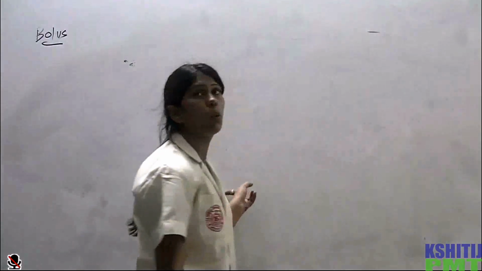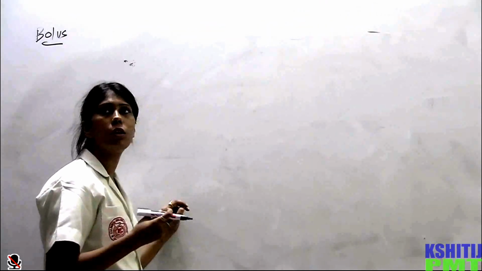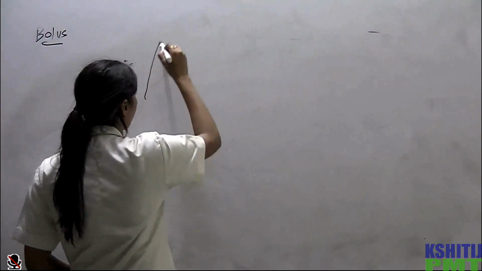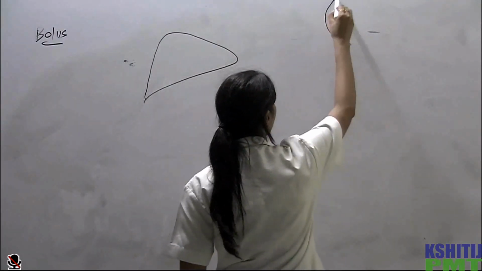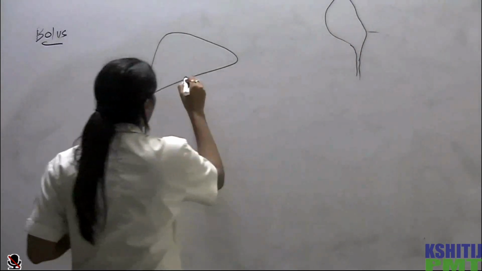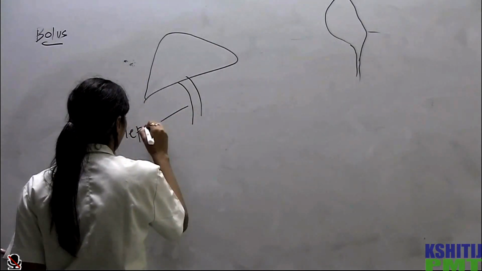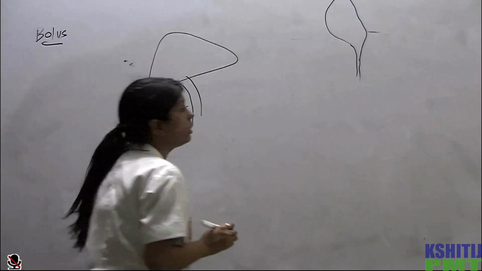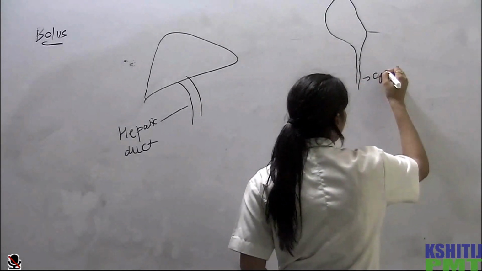Now, after this portal system, we will go for the canal system. Here this is the liver, and the duct from the gallbladder is called the cystic duct.